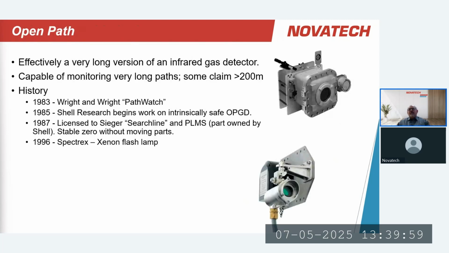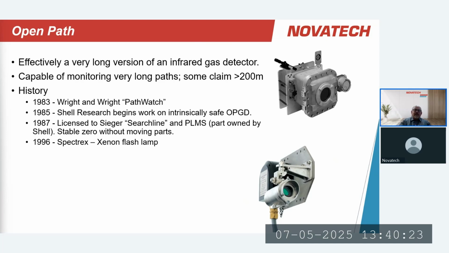Everything that I've described up until now has been what we would qualify as point gas detectors. It's a detector either that is mounted at the point where we want to detect the presence of a hazardous gas, or potentially can bring samples from points. The next evolution or the next stage is what we call open path.